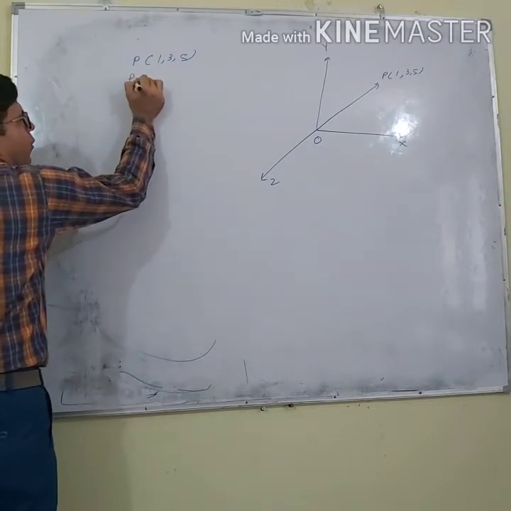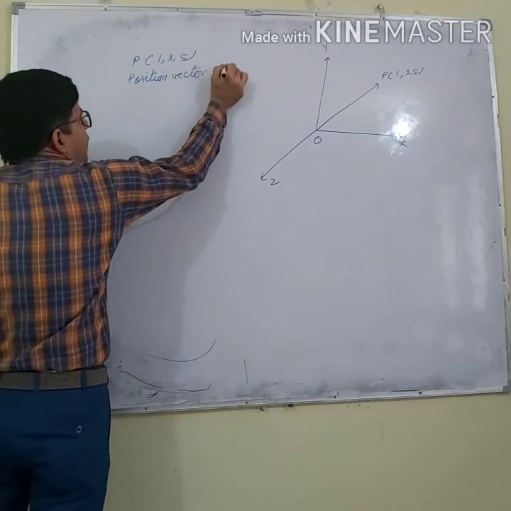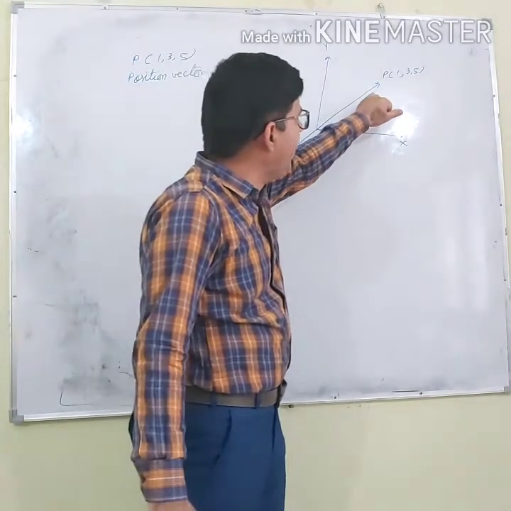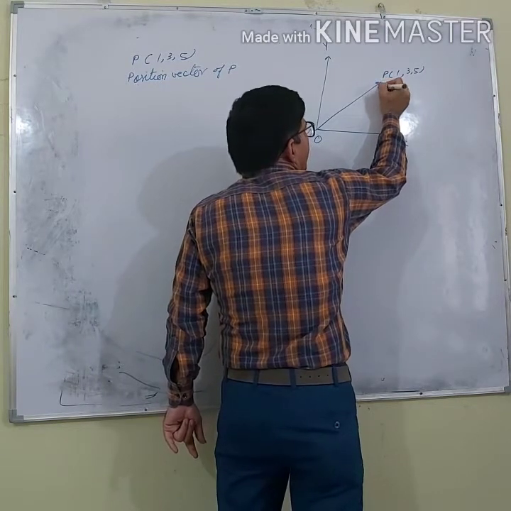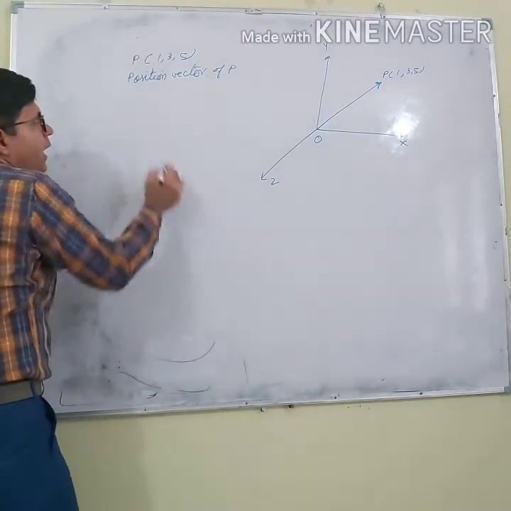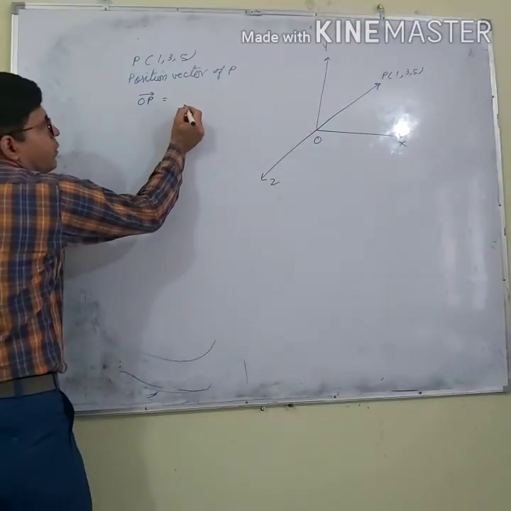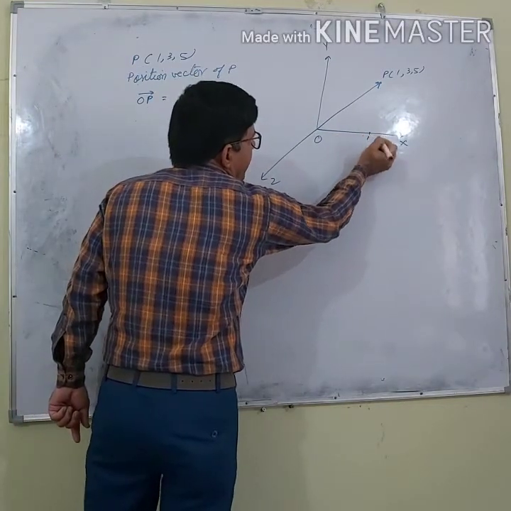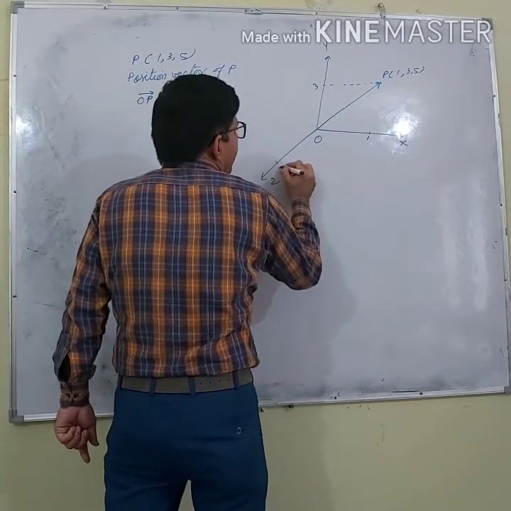I have to find the position vector of P. The position vector is obtained by joining the origin and the point P. Let us say this is the point P. Now if I join this point P with the origin, I get the position vector, and the position vector is OP. So what will be that? 1 is along the x-axis, y is 3 and z is 5.